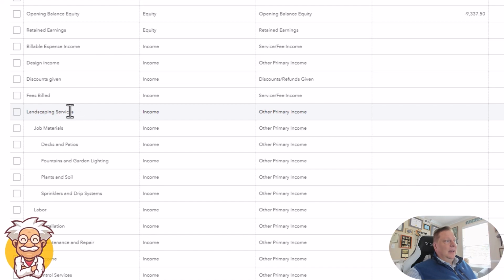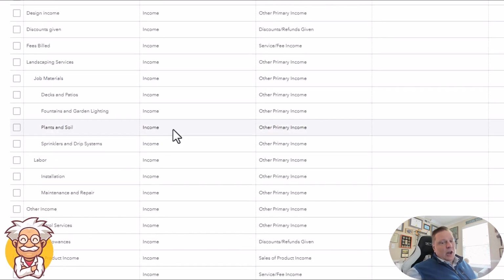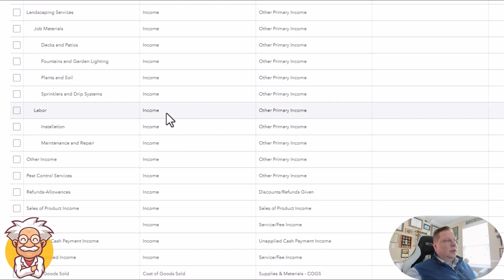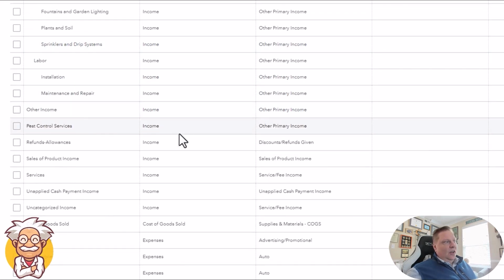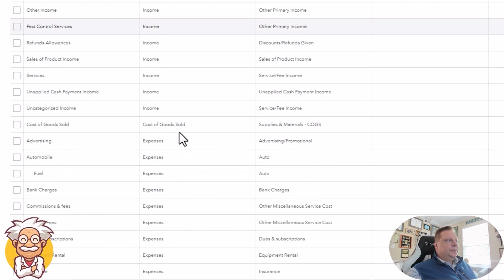In my sample company here, I've set up some specific accounts, so those are showing up right here under the income line items. Again, chart of accounts goes through a sequential order. After equity comes income. You can set all of that up here.